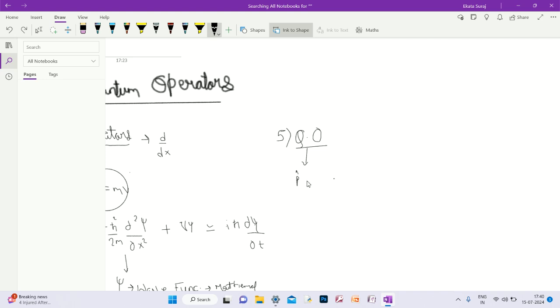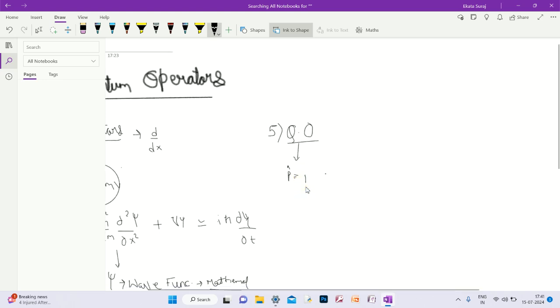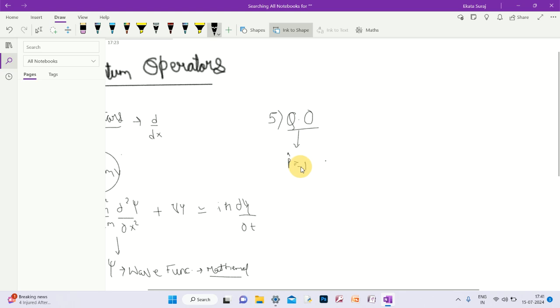So operators must have some sort of mathematical function. The momentum operator is also a complex entity. I will tell you the momentum operator formula, which is minus iota h cut del upon del x, or the partial derivative you can say.